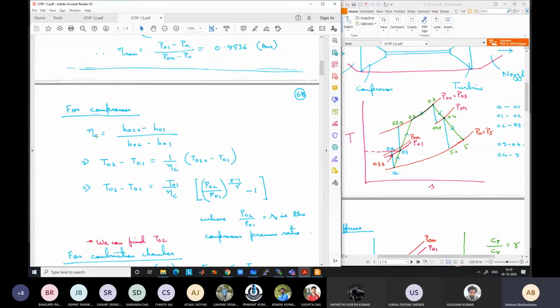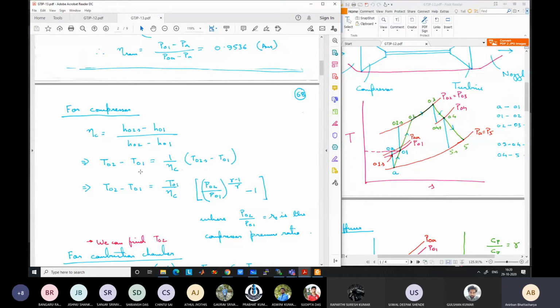So based on the compressor pressure ratio, you should be able to calculate T02S, because T02S by T01 is equal to P02S by P01 to the power gamma minus 1 by gamma. The pressure ratio is given, so you can easily calculate T02S, and using the isentropic efficiency relation, once you know T02S you can find T02.